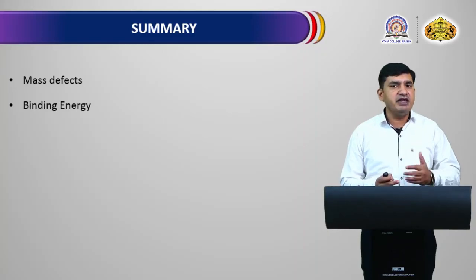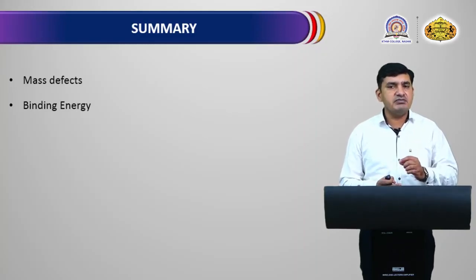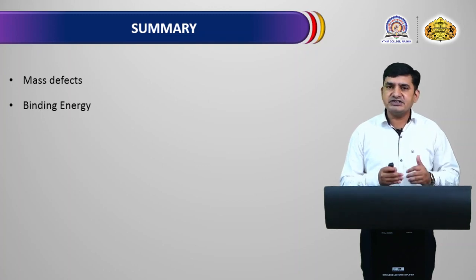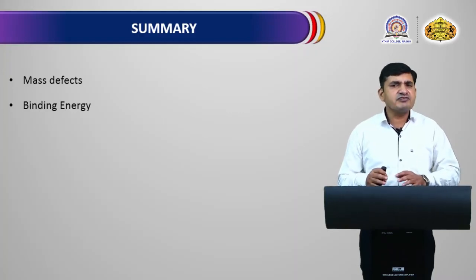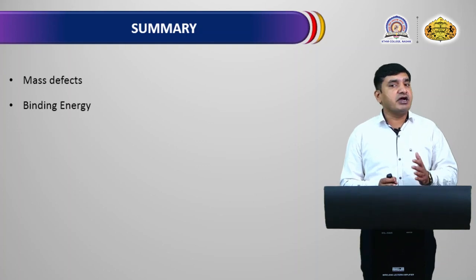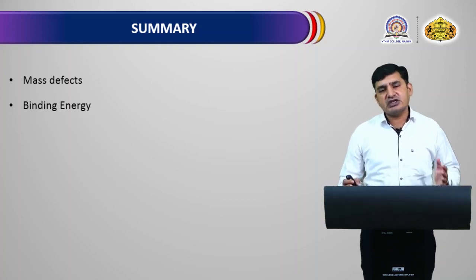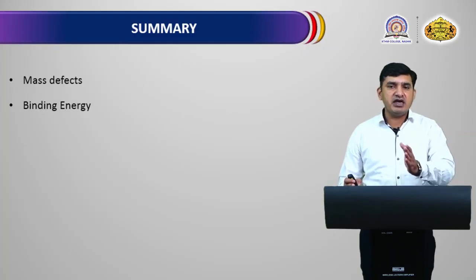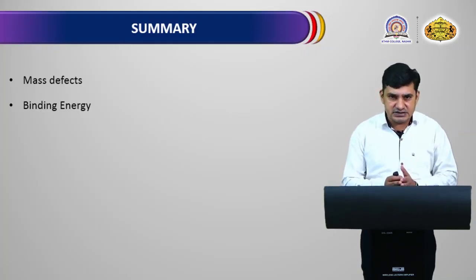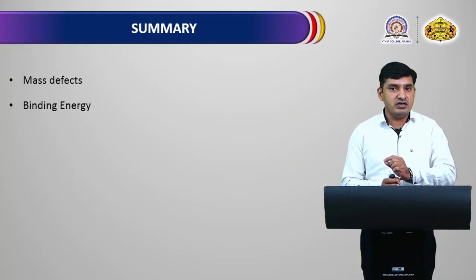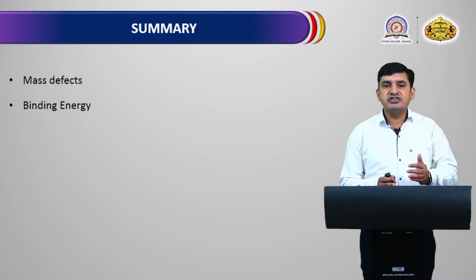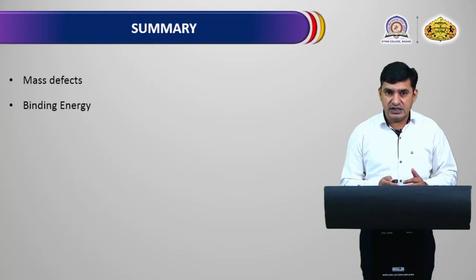So, we can represent binding energy as Δm c². Again, Δm is Z mp plus (A minus Z) mn minus capital M, times c². This is the formula used to calculate the binding energy. Binding energy can also be represented in mega electron volts as Δm into 931 MeV. So, this is related to binding energy.